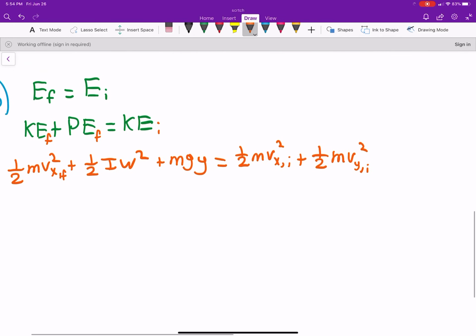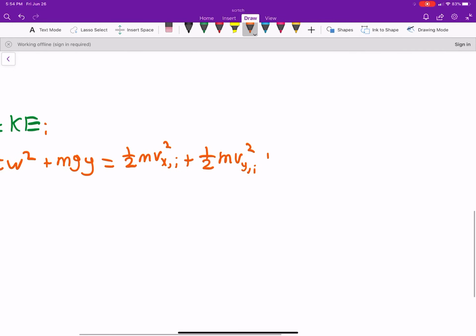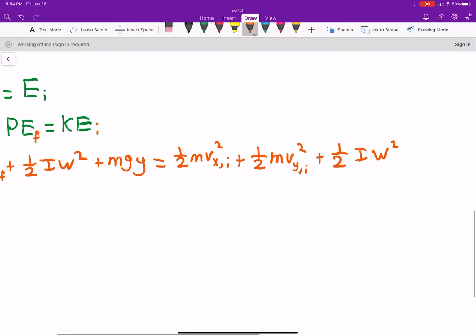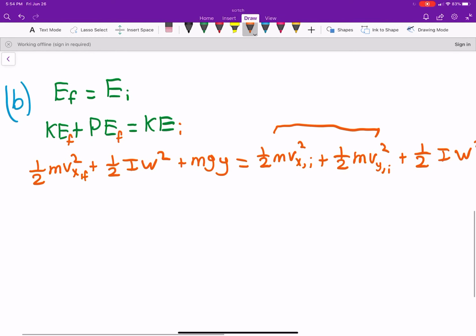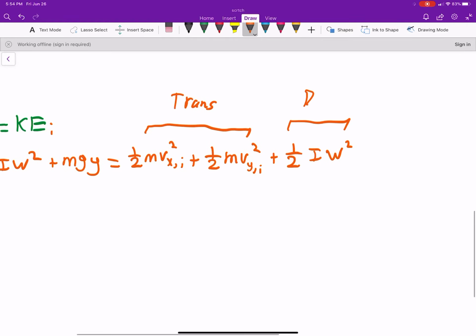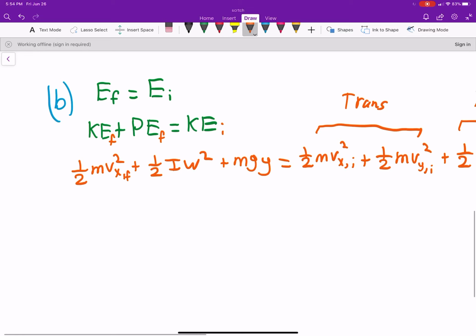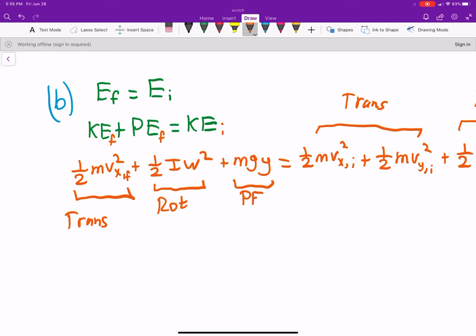So this is your translational kinetic energy plus our rotational kinetic energy, 1/2 I omega squared. This is all we have for the translational kinetic energy final because it's reaching a particular height and coming back. This is your rotational, and then this is our potential energy. So hopefully that makes sense.